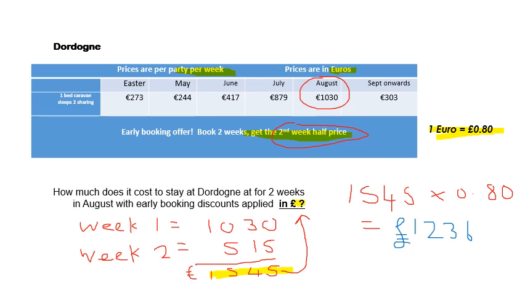Now just a little thing here. Had we, for argument's sake, done the wrong thing, say we had divided instead of multiplying, what would we have ended up with? Sometimes it's important that we do the wrong answer as much as anything else, just to show how we should have spotted it was wrong. So let's say we did 1,545 divided by 0.80.